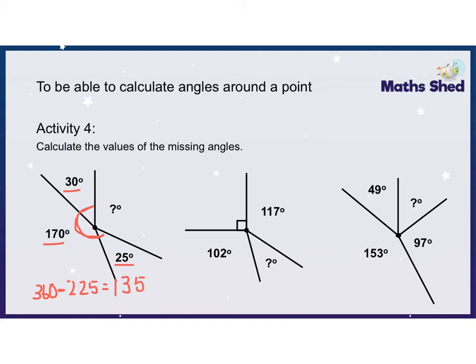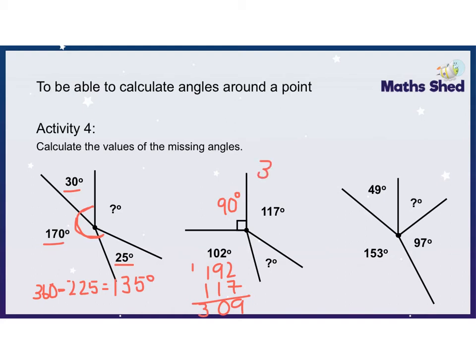Okay, I can see this little square here. I know that's a right angle, 90 degrees. So 102 plus 90 would give me 192, and then I need to add on 117, which would give me 309.